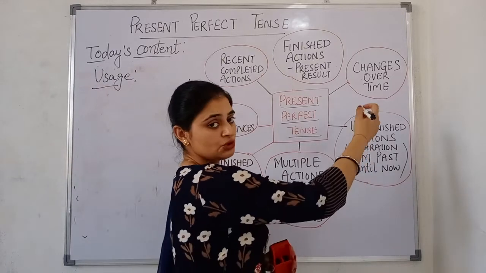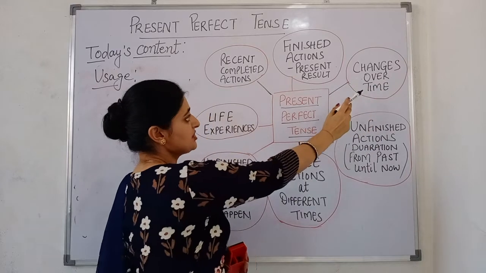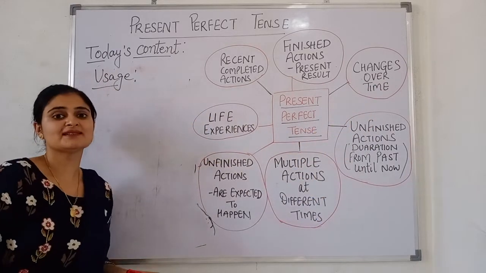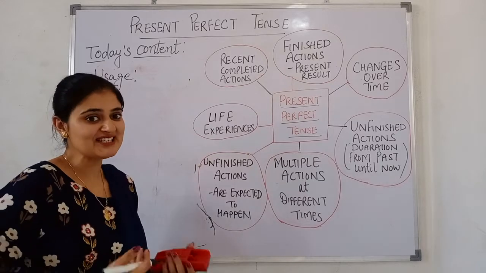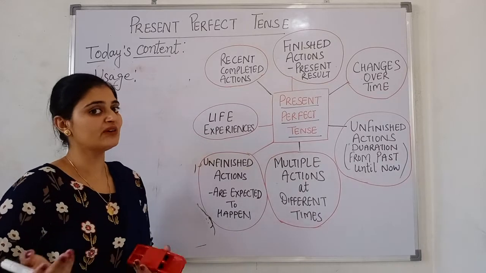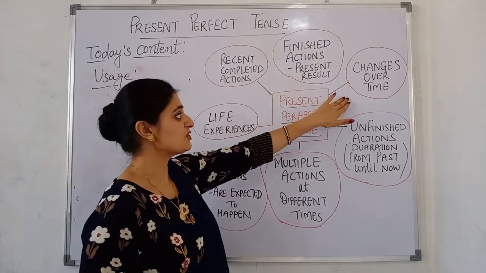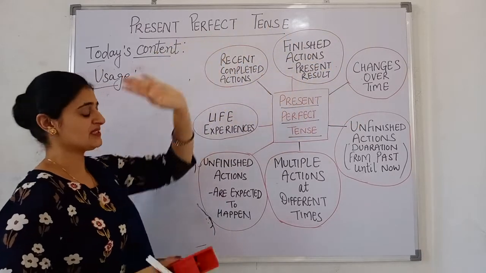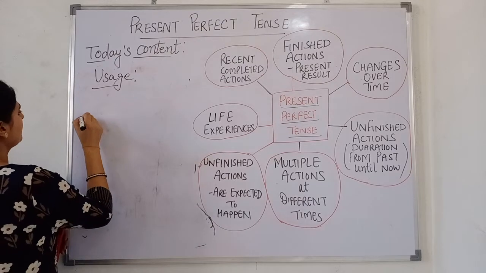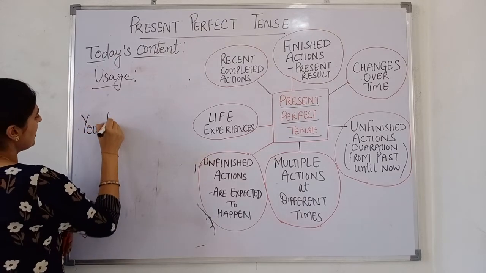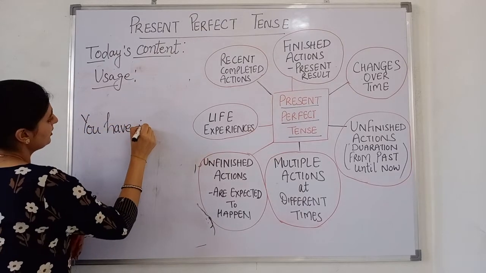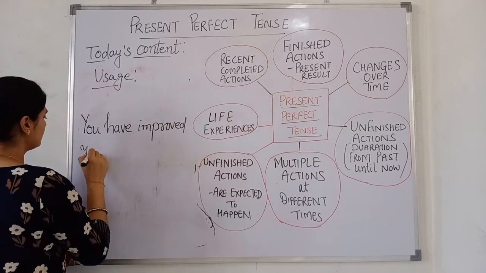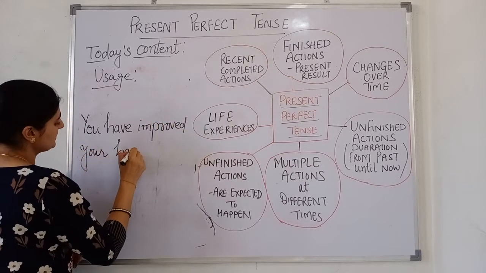Now the next use of present perfect tense is changes over time. Everyone gets changed with the passage of time. So to depict the changes over time, we use present perfect tense. For example, you have improved your handwriting.